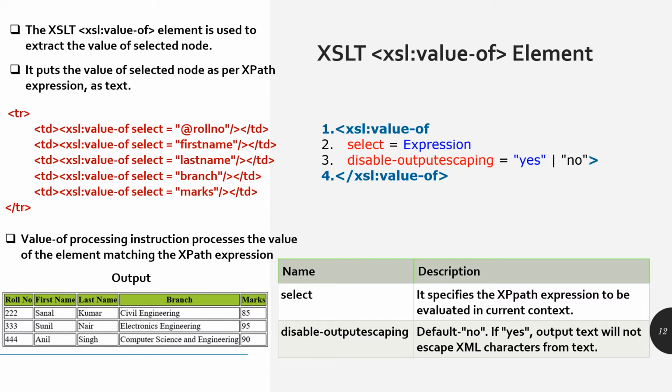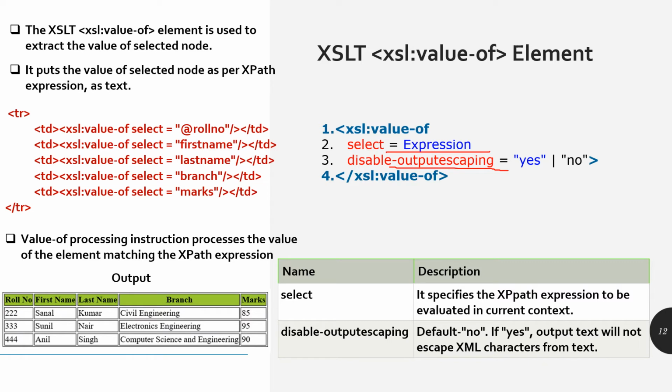We get it as per the XPath expression. So what we specified in that. The syntax is: value-of, you need to specify, then select expression, then disable or enable output escaping. So yes for enabling and no for disabling.